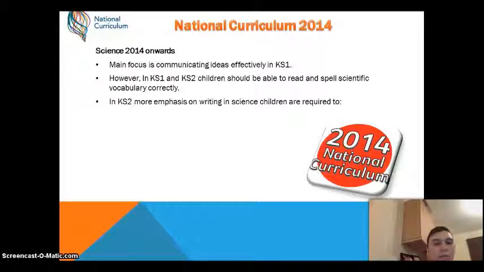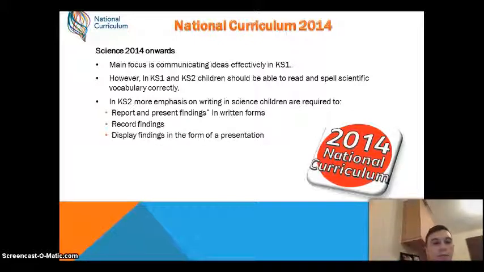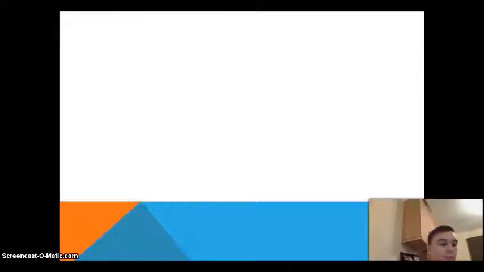In Key Stage 2, there is more emphasis on writing in science, so children are required to report and present findings in written form, record their findings, display findings in the form of a presentation, draw conclusions, make predictions, and use stylistic conventions.